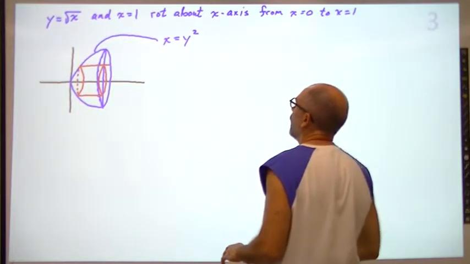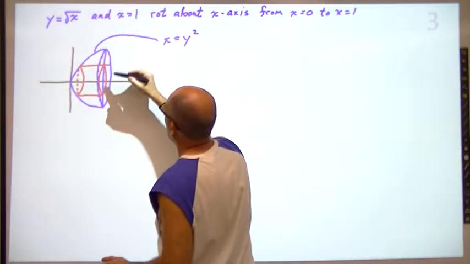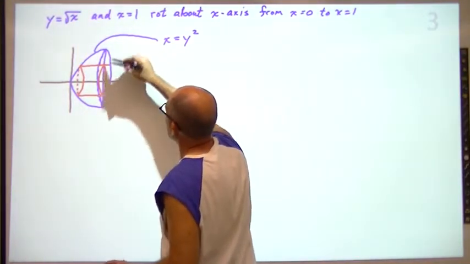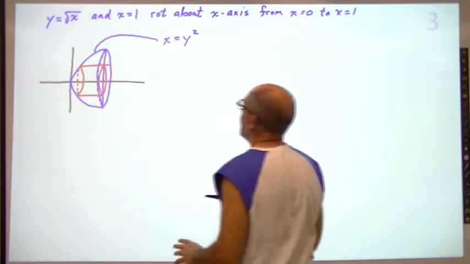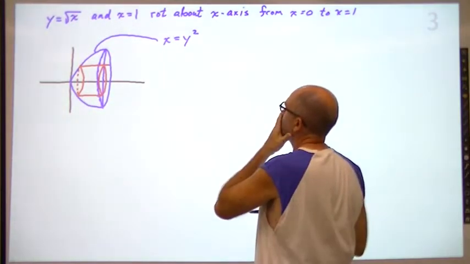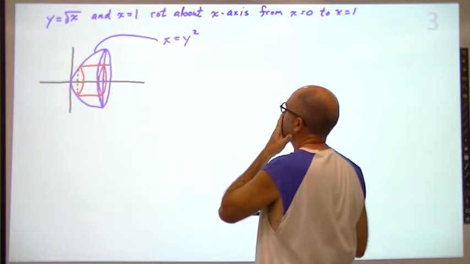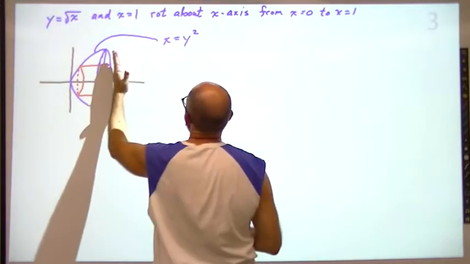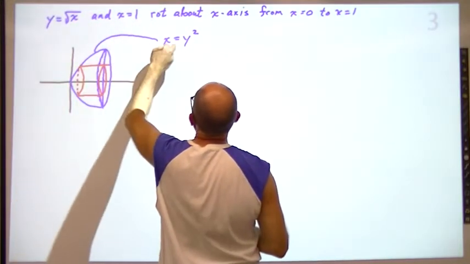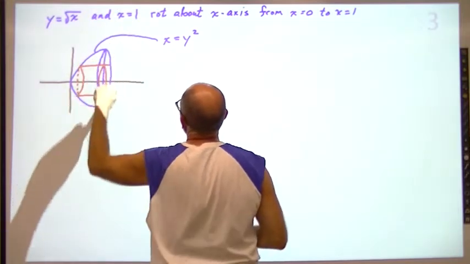And so the x equals 1 is basically just going to be right minus left. X equals y squared and x equals 1.